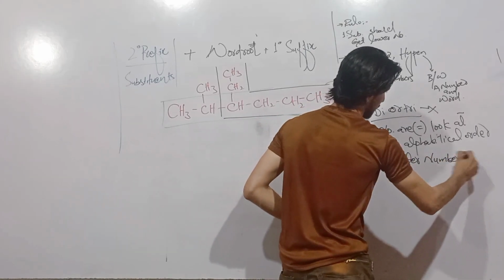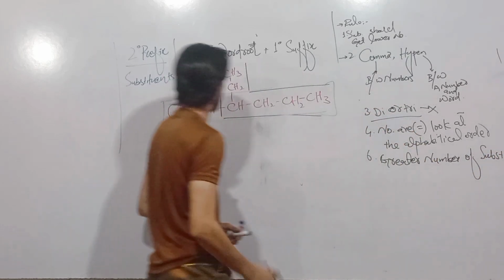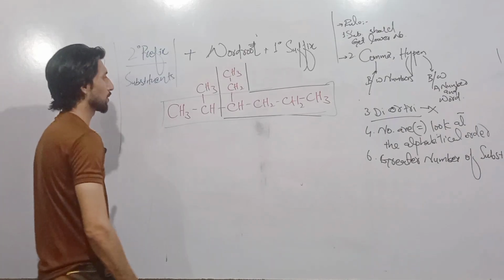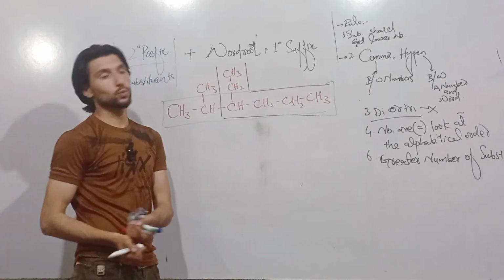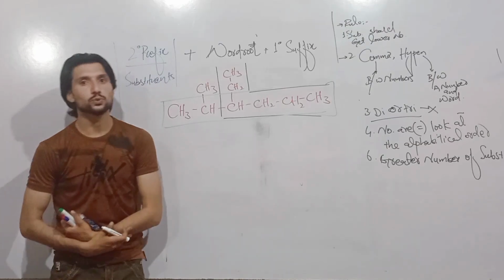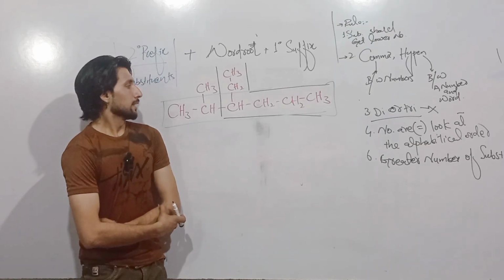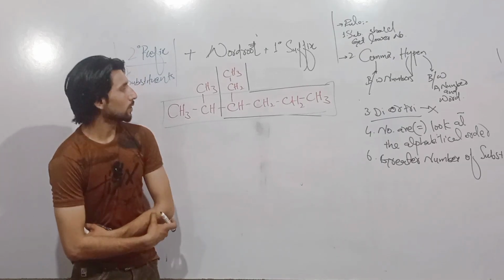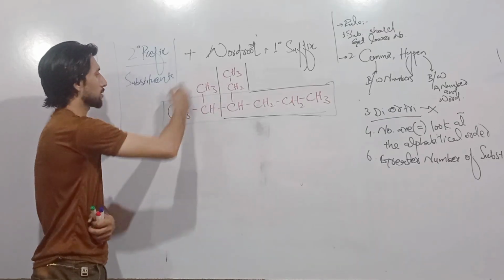Greater number of substituents. Okay, so which one gets us more number of substituents? This one. And why are we opting for this? Why is IUPAC giving us this rule? It is giving us this rule because it makes the name cleaner, because we are now free from getting into a complex substituent.